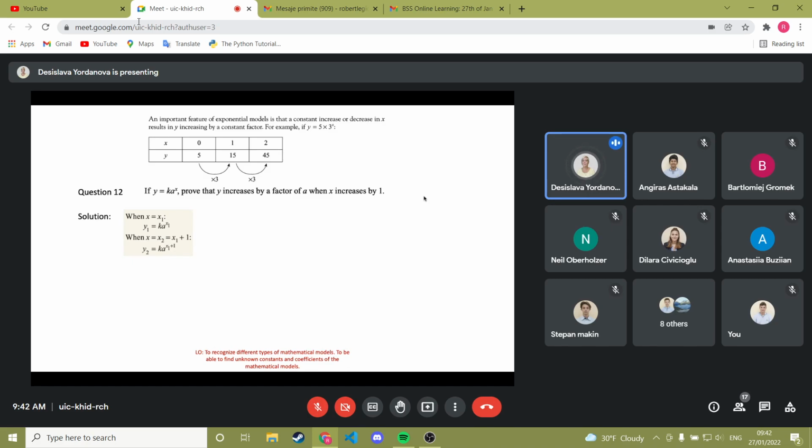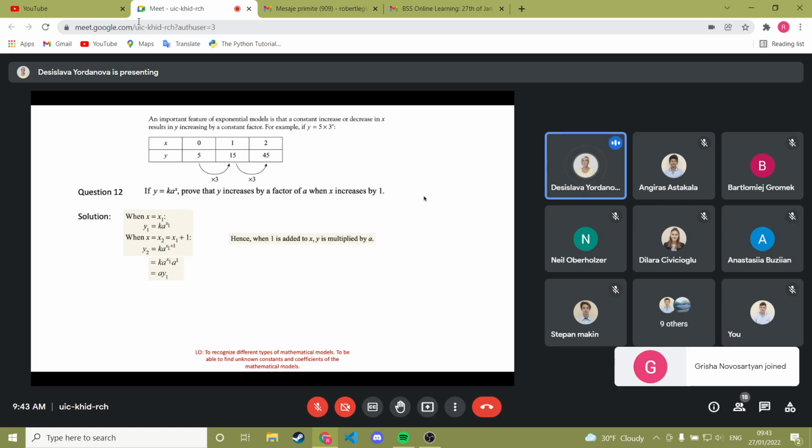When x equals x2, that is x1 plus 1, because they want x to increase by 1, y2 equals k a to the power of x1 plus 1, which is k a to the power of x1 times a to the power of 1, which is a y1. So when 1 is added to x, y is multiplied by a. Actually, you don't need this proof, but it's interesting.